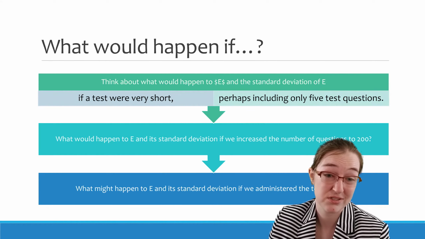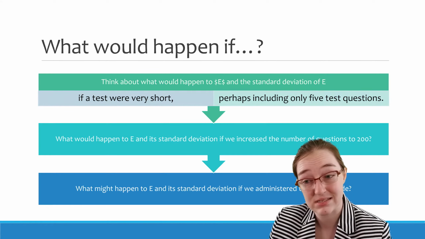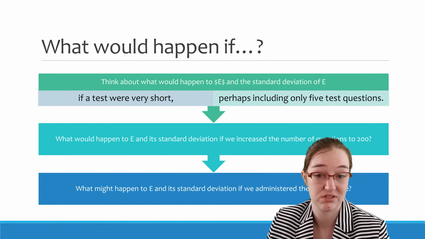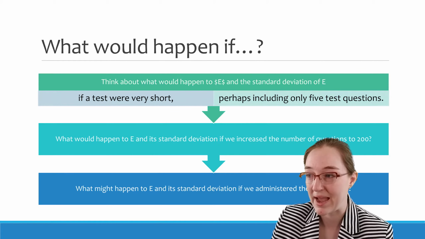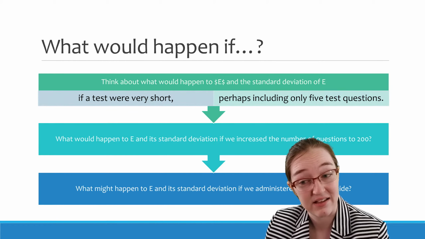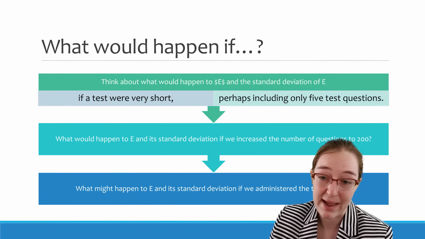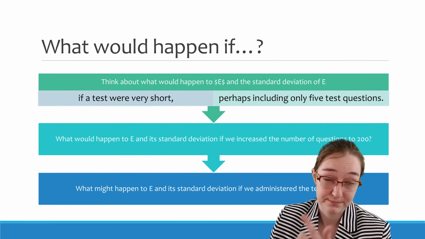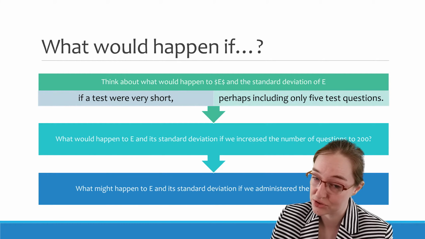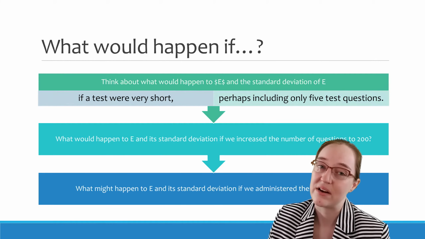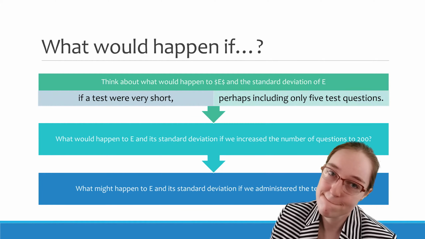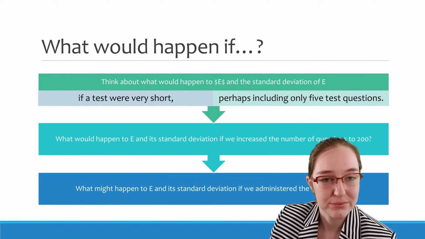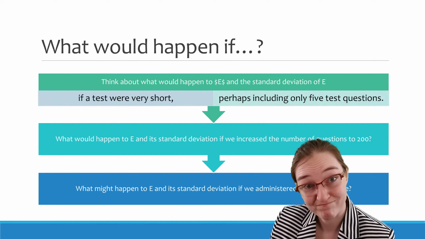These are the types of questions that you really need to be able to answer when considering specific sources of measurement error and the impact we expect them to have, and whether that impact is systematic or random on our observed score. Because we may assume that error is random, but in reality, not so. There's a lot of bias.